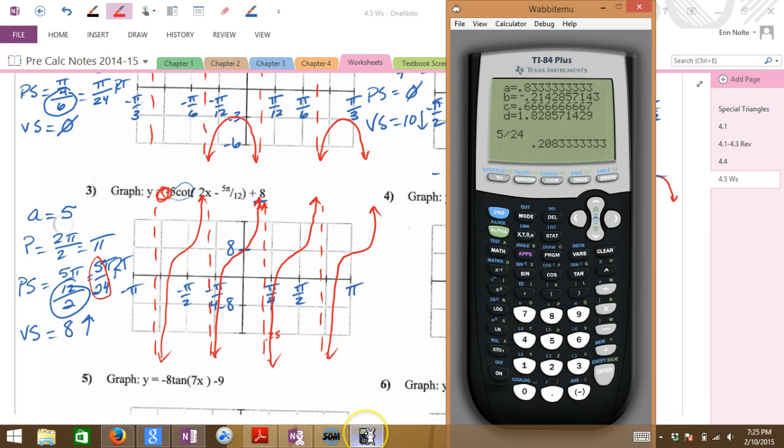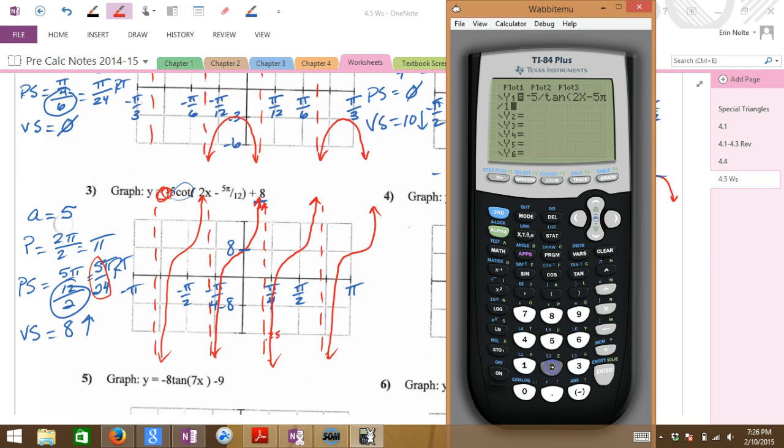And again, let's just double check to make sure that I did do that correctly. So clear that one out. We've got -5, and we've got cotangent, so that's going to be divided by the tangent of 2x minus 5 pi over 12. I can just type that in because the calculator will do order of operations for us. But I do want to make sure I end the parenthesis there.